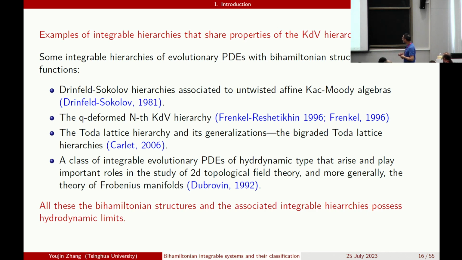And there is also a big class of bihamiltonian integrable systems of hydrodynamic type that arise in the study of two-dimensional topological field theory, and more generally are related to Frobenius manifolds as proposed by Dubrovin. All these first three classes of bihamiltonian integrable systems possess the so-called hydrodynamic limit.